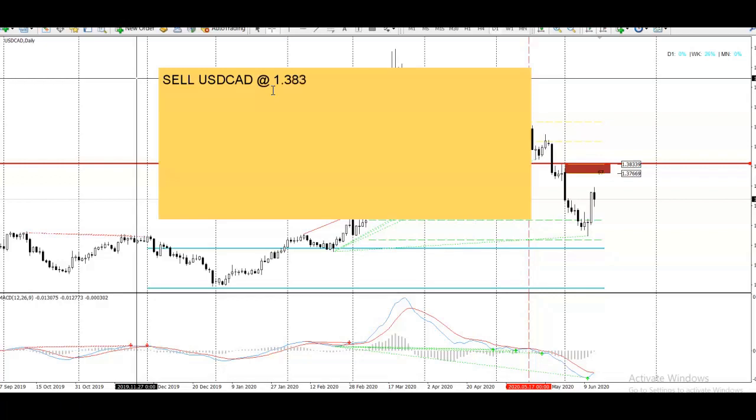138.3. Stop loss, just 110 pips. Stop loss at 139.4 and take profit at last week's low around 133.